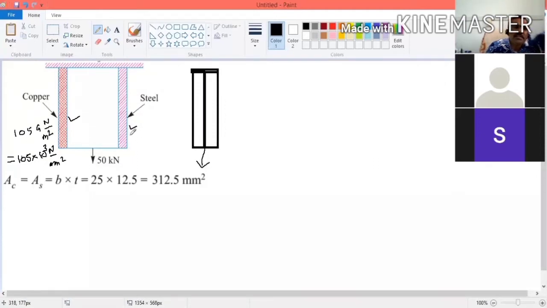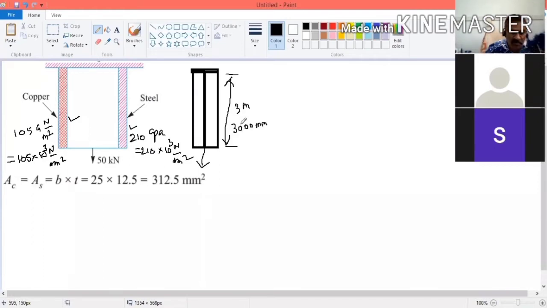And what is the Young's modulus of the steel? It is 210 GPa, that is 210 into 10 power 3 N/mm².